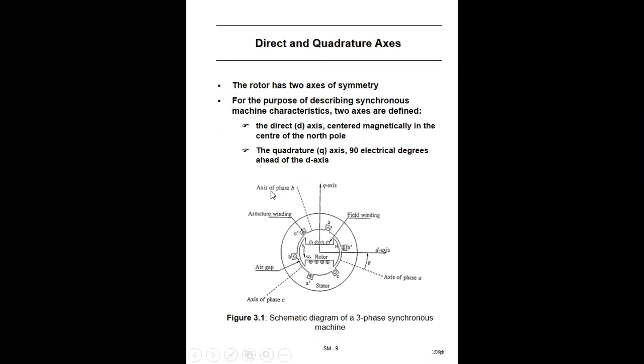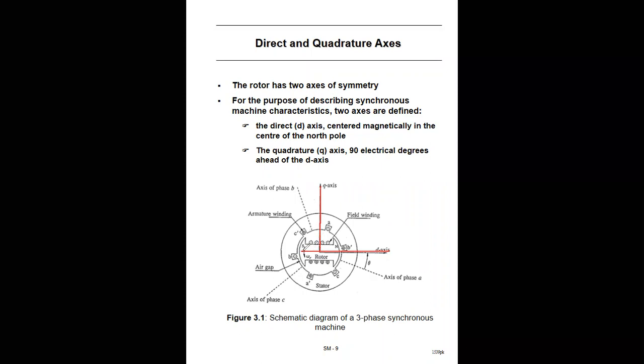We can see here, this is the direct axis. As far as the quadrature axis is concerned, it is 90 degrees electrical ahead of the direct axis, which we can see here.